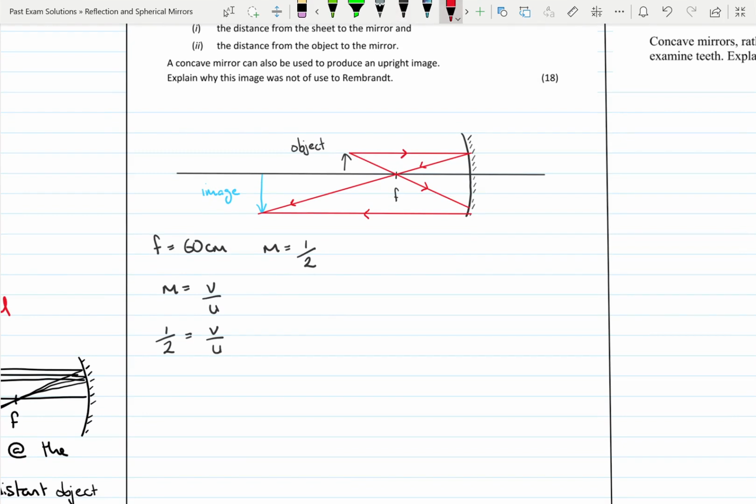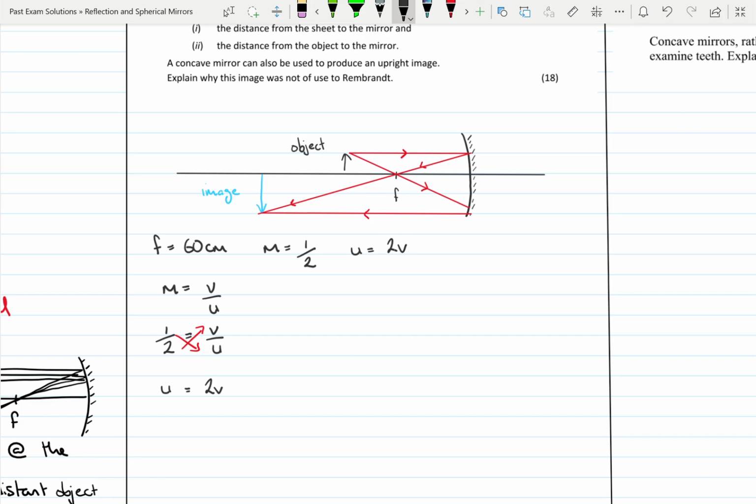And at this point we can cross multiply above the line by below the line, and you get that 1 times u is equal to 2 times v, 2v. So that's our next piece of information that we know. u is equal to 2v. Our object is twice the size of our image, where v is our image.